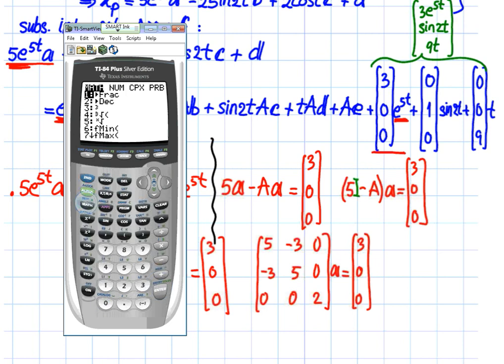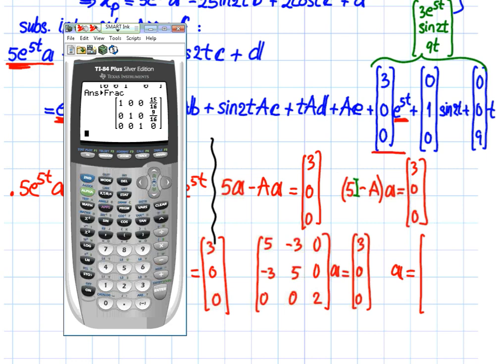Convert that to fractions. So we have a equal to 15 over 16, negative 9 over 16, and 0. So that is a.